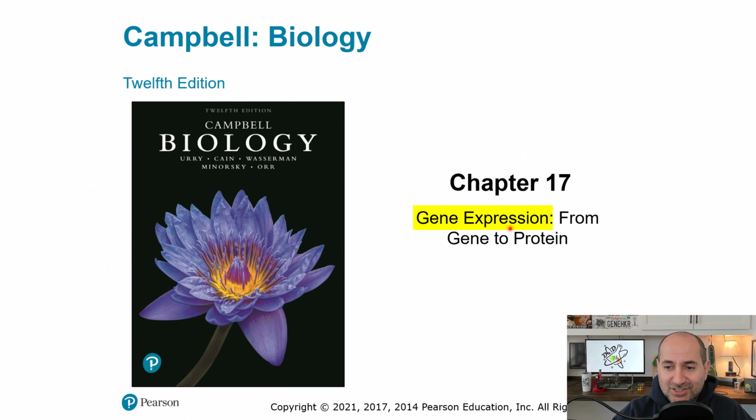So the insulin gene, for instance, would be the information that your pancreas would need in order to build the insulin protein. Does that make sense? Genes code for proteins, and the process by which your cells make proteins from that gene information is called gene expression. Does that make sense? So we're going to learn about gene expression.